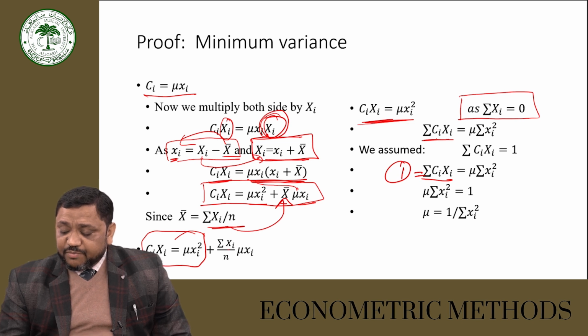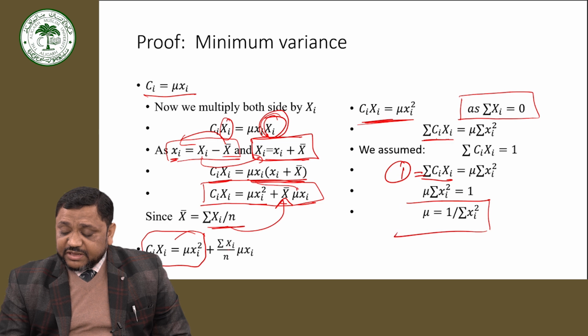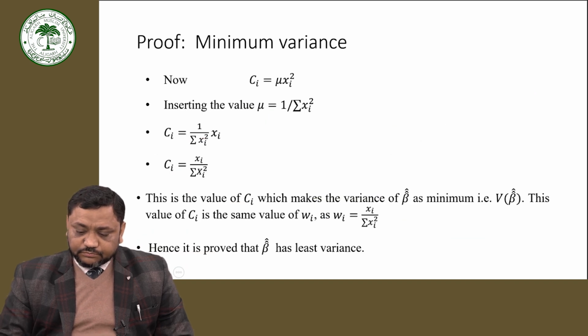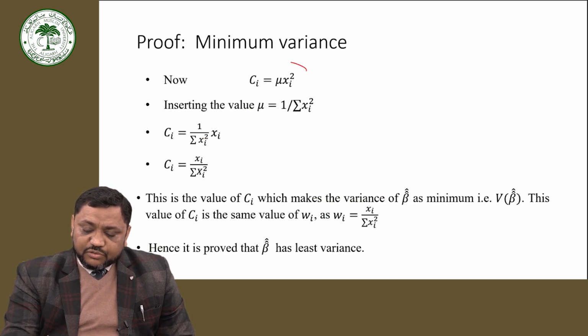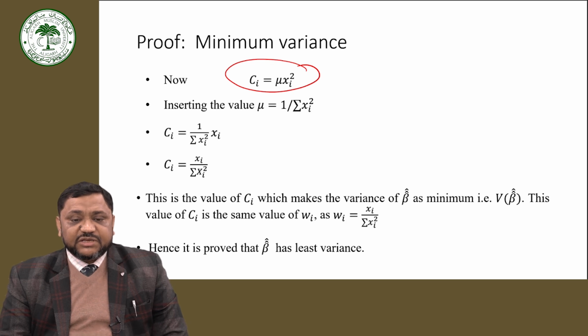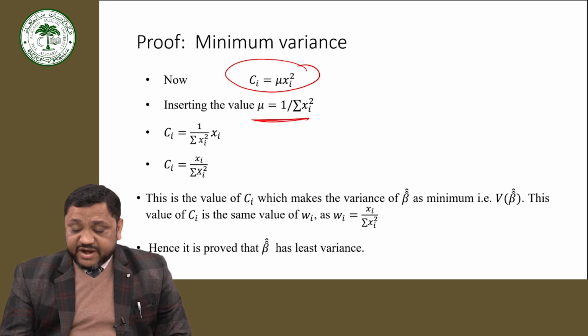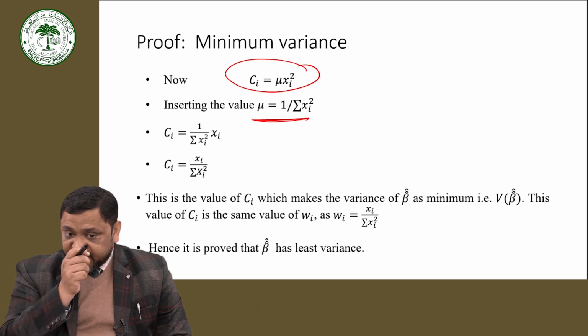So we can write mu summation xi square is equal to 1. So mu is equal to 1 divided by summation xi square. Now in ci is equal to mu xi, mu is equal to 1 divided by summation small xi square, as we have just proved.